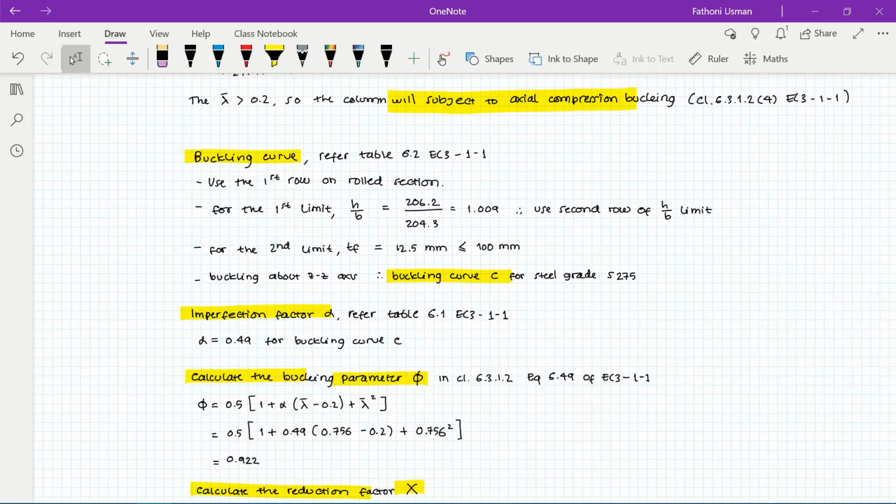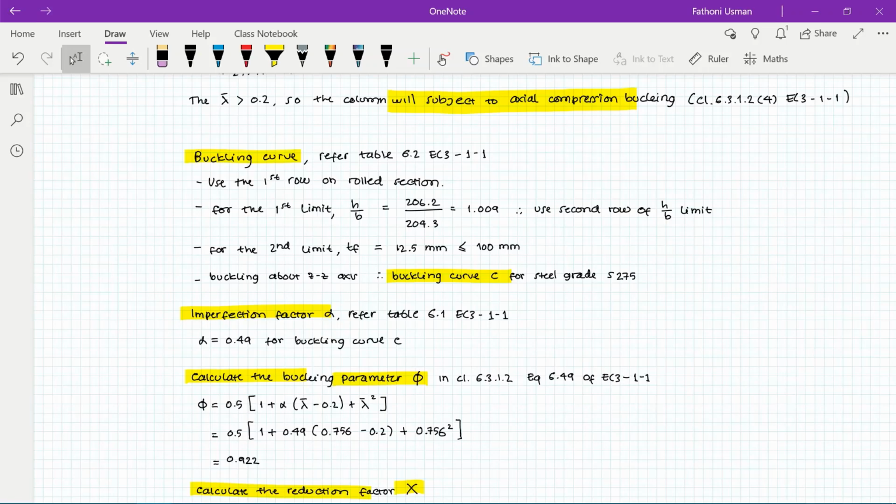Next is to determine the buckling curve. So we have to refer to table 6.2 of Eurocode 3 part 1-1. In table 6.2 there are several types of cross section. So use the first row on the rolled section, and for the first limit is the h over b, the overall cross section slenderness.